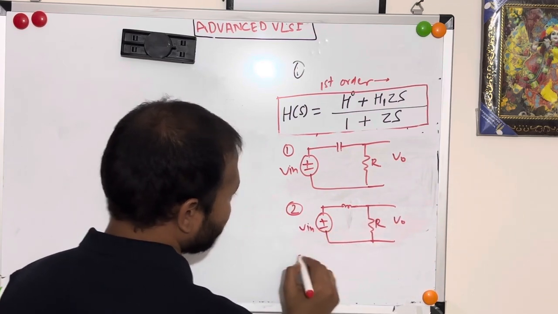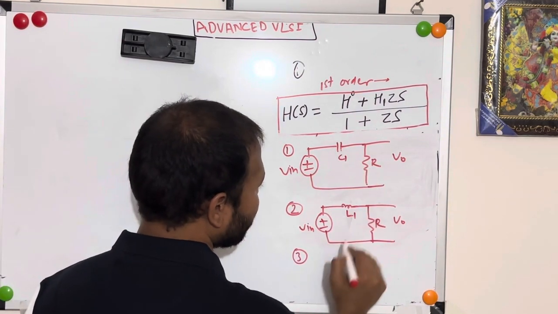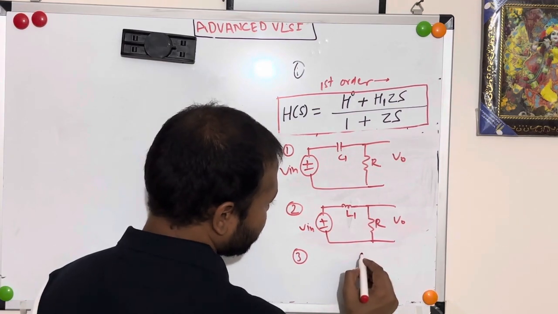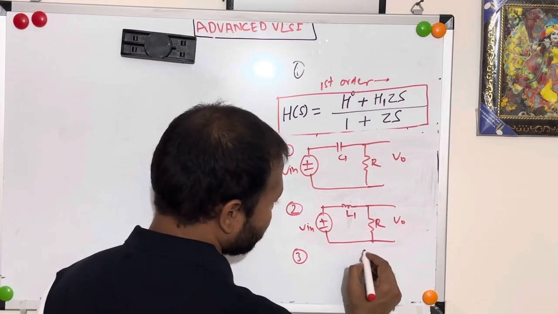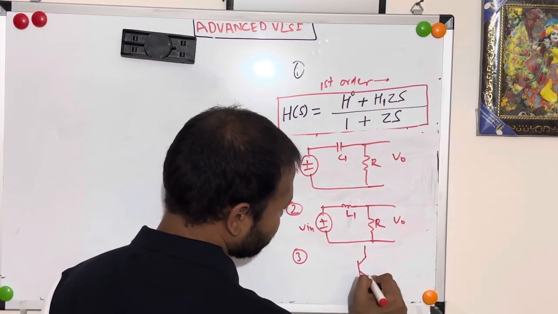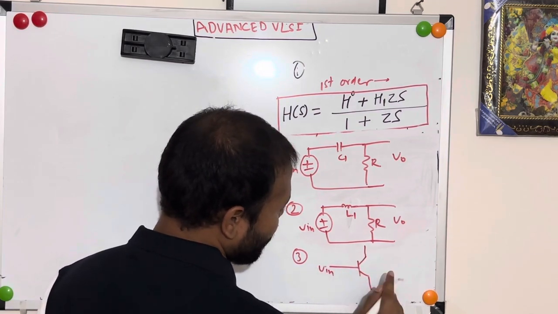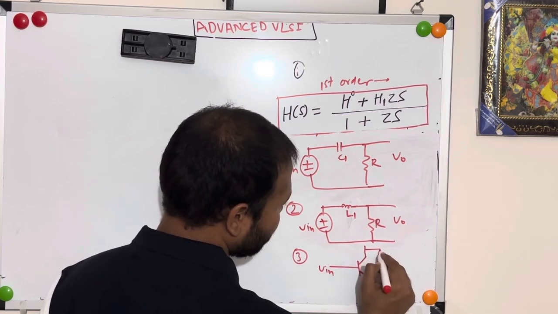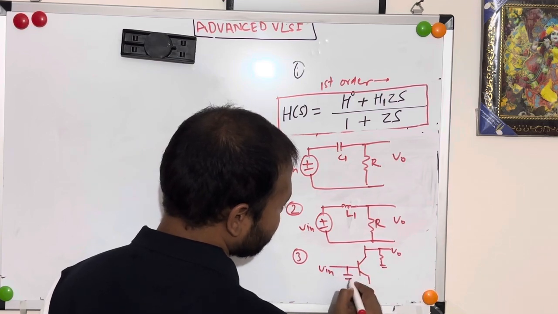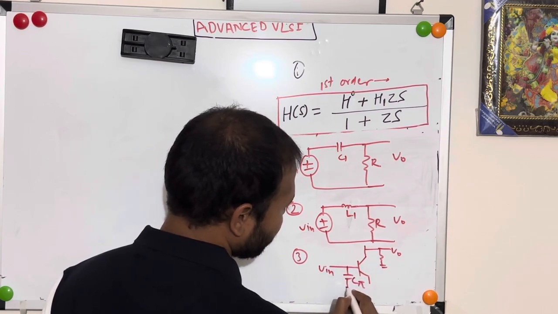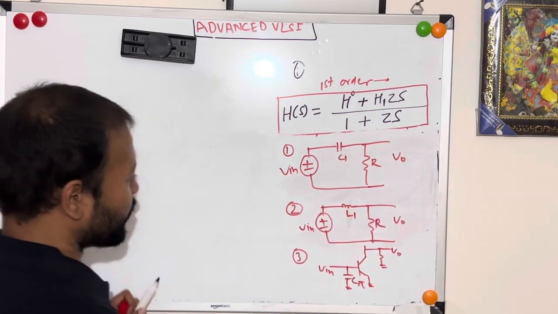Third one is C1, L1, let us suppose we have a BJT, and this is V in, this is V out, and this is C pi to ground. Find the transfer function of this. Again, we have many questions like that.